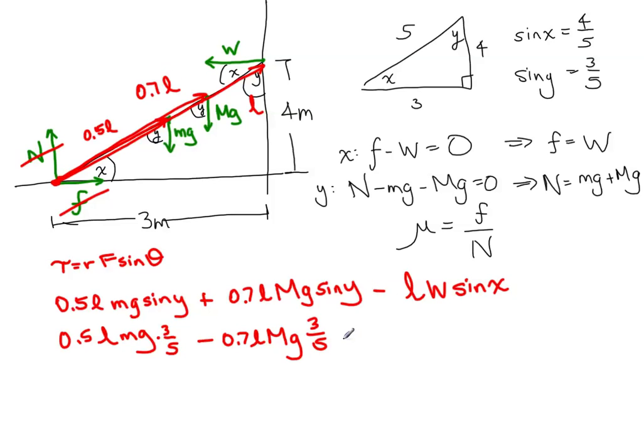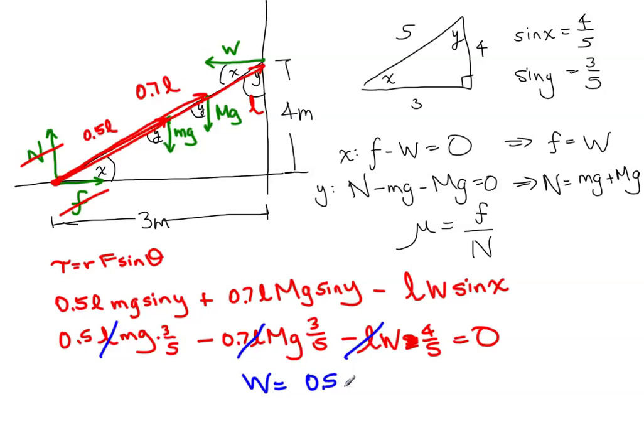So I have minus LW, instead of sine X, I'm going to put 4/5. And that has to be equal to 0. So I can divide each of these terms by L, because they all have an L in there. Get rid of that.